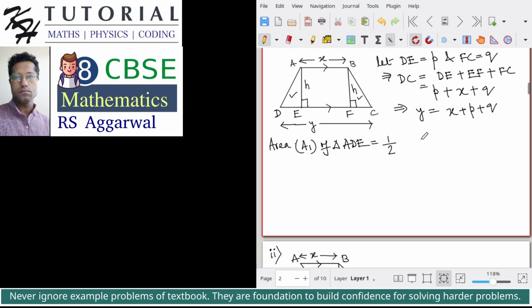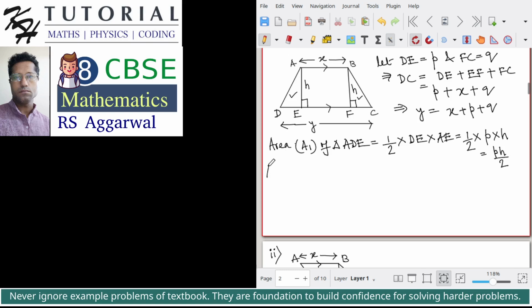For the triangle ADE, the base is DE and the height is AE, which is half multiplied by P into H, as we have assumed that the altitude of the trapezium is H. So the altitude of the trapezium is also the altitude of the two triangles. So this is equal to PH by 2.